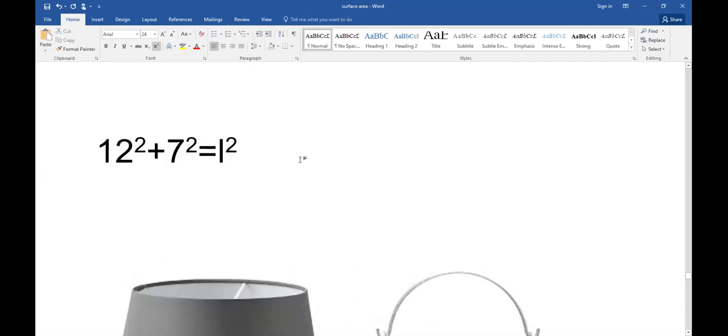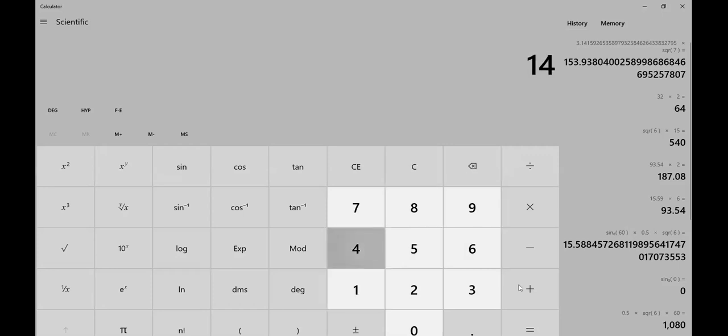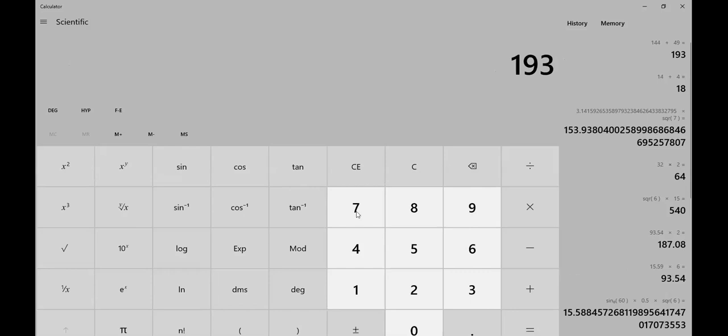So 12 squared is equal to, that one I know is 144. You have your calculators, please. Then we have 7 squared is 49. So you have 144 plus 49, and then we get L squared. 144 plus 49 is equal to 193.